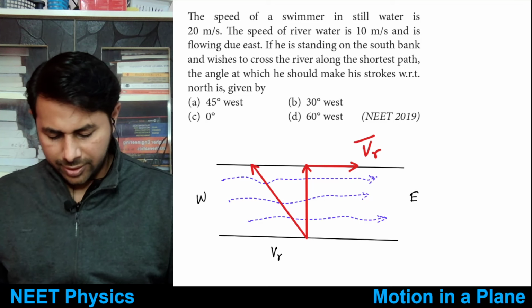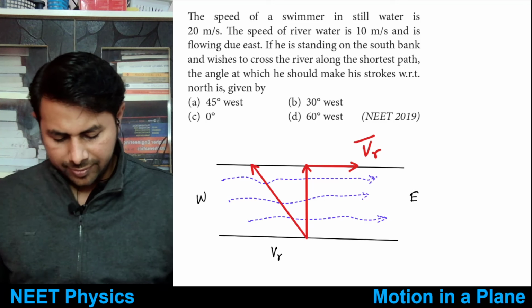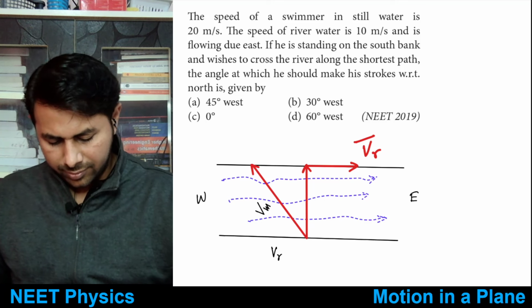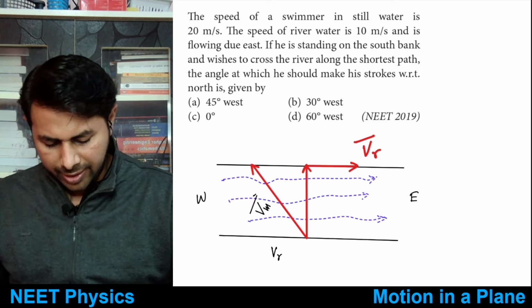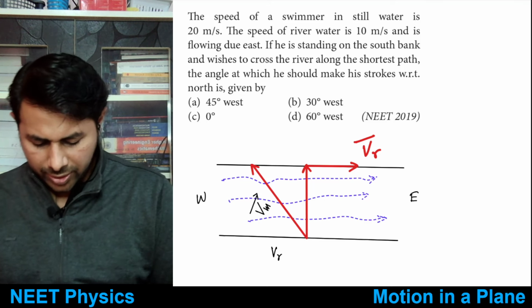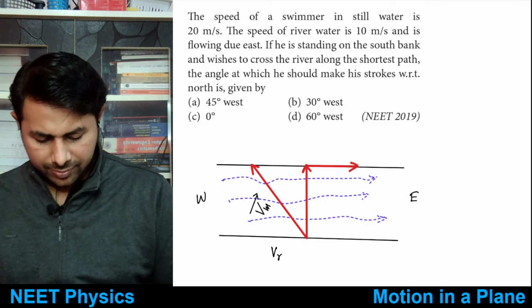So this is his velocity. This is velocity of man, Vm bar. And then you have velocity of river. It's like this.